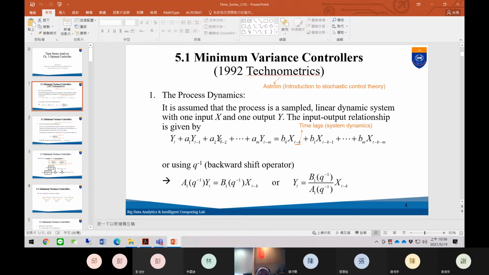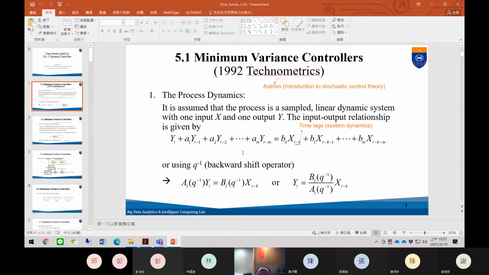Okay, this is the AR. The B0 T minus K, B1 T minus K minus 1. The top, this is system dynamic, T minus K, system dynamic. So the K is a system delay, time delay, using the backshift operator.